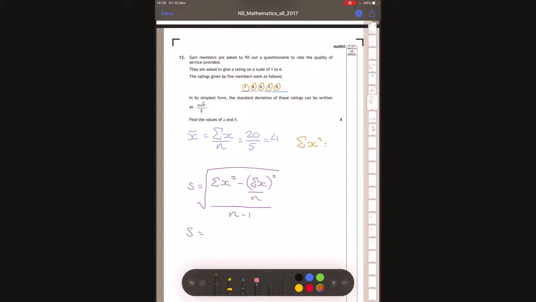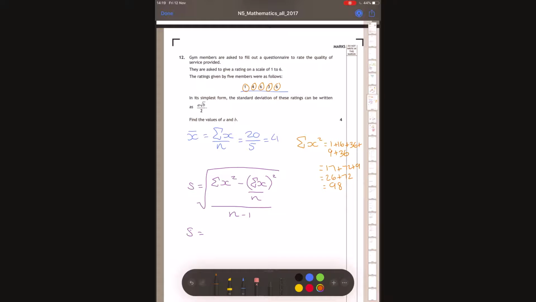So you're just squaring all of the numbers in our data set. 1 squared is 1, 4 squared is 16, 6 squared is 36, 3 squared is 9, and then we have another 36. So 1 add 16 is 17, plus 36 times 2 is 72, and 17 plus 9 is 26, plus 72. So that value is 98.